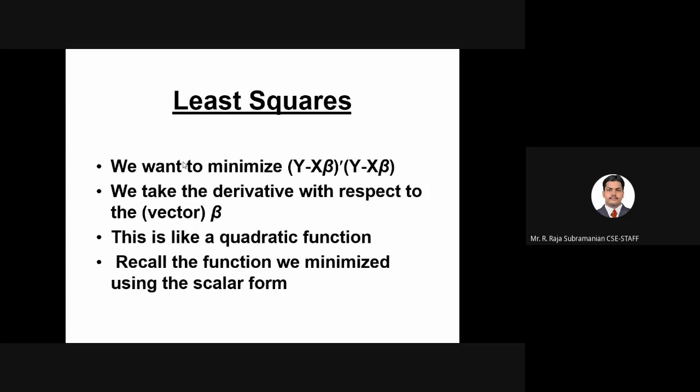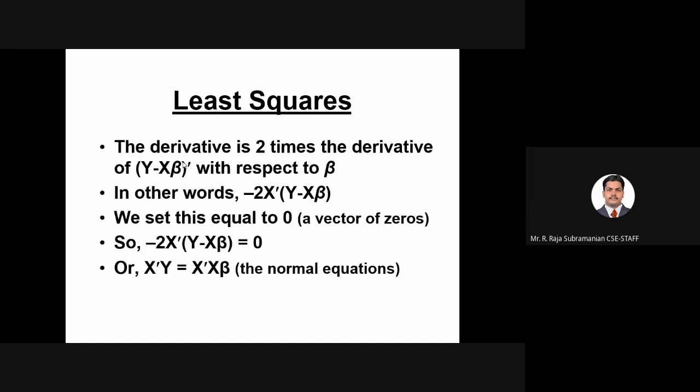And here comes the least square estimate. I take y minus x beta dash and y minus x beta, nothing but the error squared. The error value e can be represented as y minus x beta, and if I want to take the sum of squares, I can just take (y minus x beta) dash into (y minus x beta). This derivation we have already seen in the least square estimate, and the same thing is depicted here.